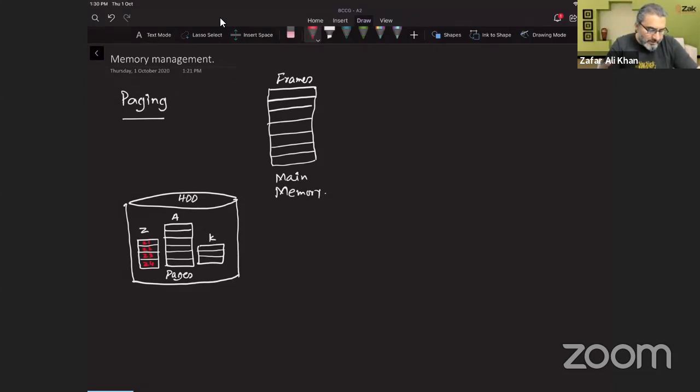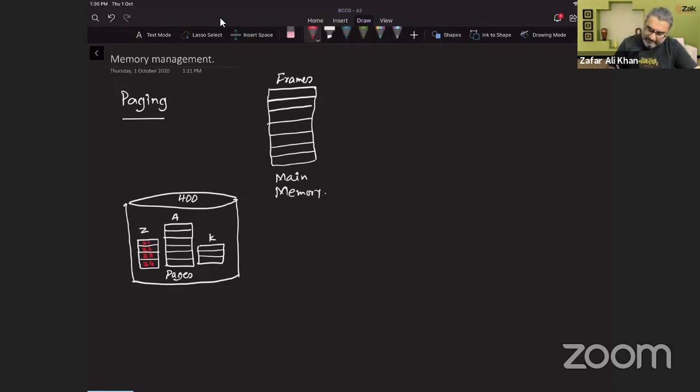So a program is allocated a number of pages that is usually just larger than what it actually needs in the main memory frames. When a process is executed, process pages from the logical memory are loaded into frames in the physical memory.